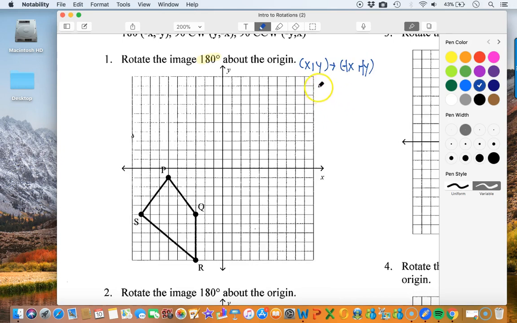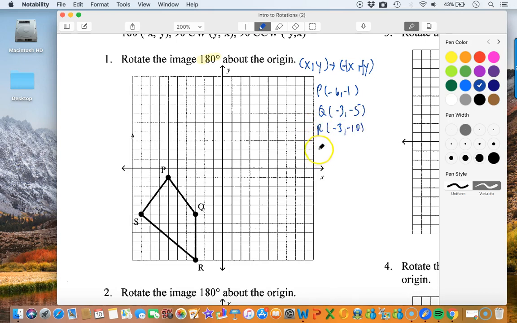Well, when I write all my points down, P will be negative 6 and negative 1. Q will be negative 3 and negative 5. R will be negative 3 and negative 10. And S will be negative 9 and negative 5.